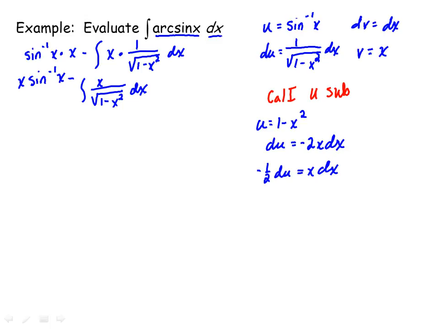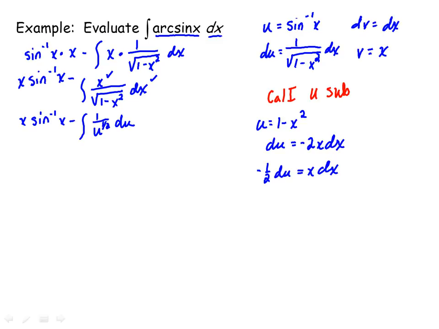Because look, the x dx, right here, I can check it off. There's x dx. And what is 1 minus x squared? That's u, right? So if I have x sine inverse x minus the integral of 1 over u to the 1/2 du. Do you know how to integrate 1 over u to the 1/2 du? I hope so, because we did it multiple times in chapter 6, and we also did it in Cal 1.